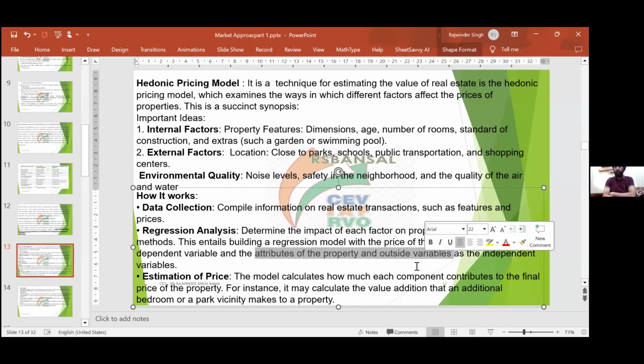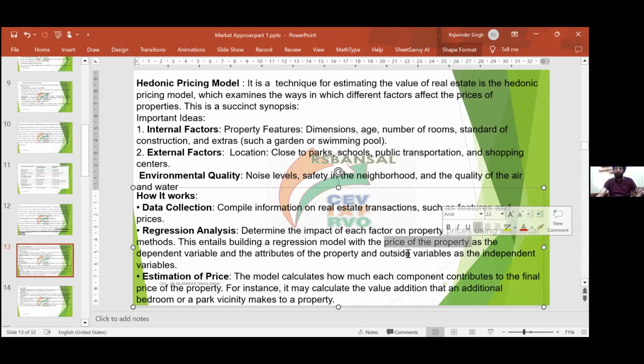Regression analysis is done to find the effect of attributes of the property and outside variables on the price of the property. From there the coefficient of regression is calculated, and from there the value of the property is estimated basically.